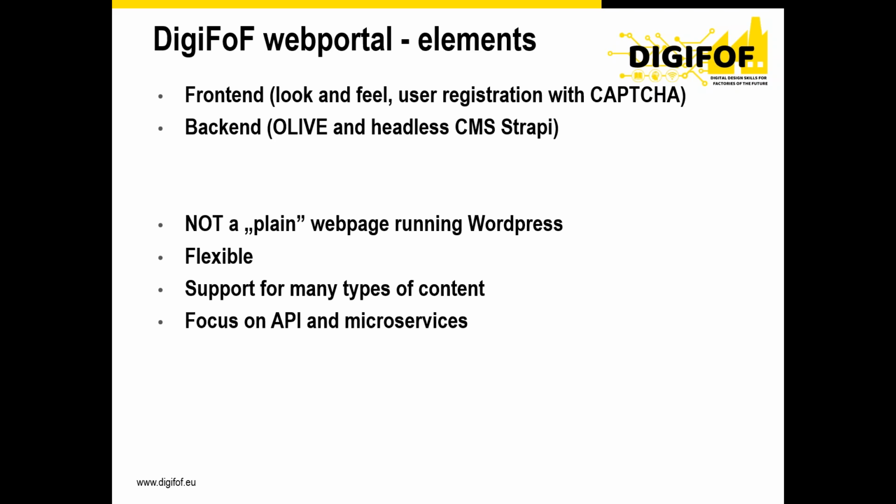The powerful feature of approaches like this, of using Olive and Strapi, is that it allows you to focus on APIs and microservices. So, in practice, you can create your content in a backend without worrying that much about how it will be shown, because this is handled on the front end.